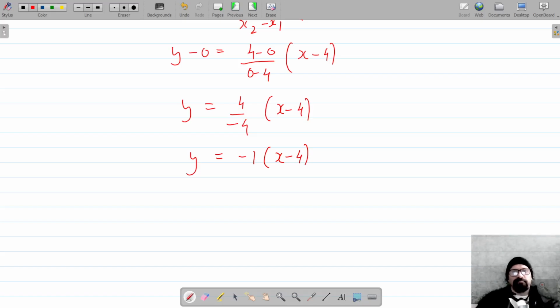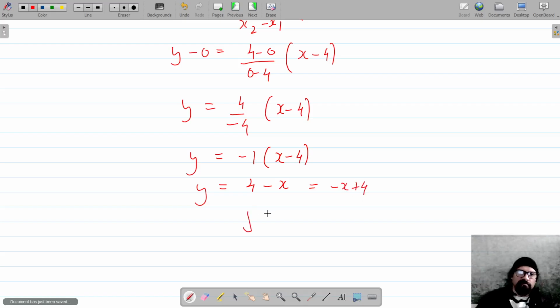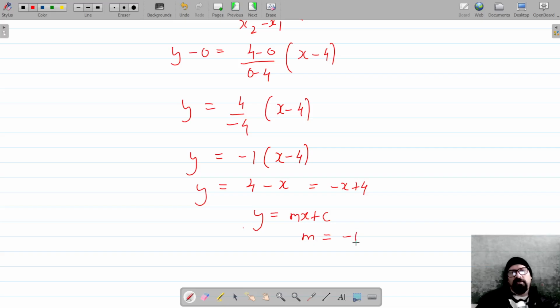Now I can write it as minus x plus 4. If we compare this equation with the slope form, y is equal to mx plus c, here its slope is negative 1.